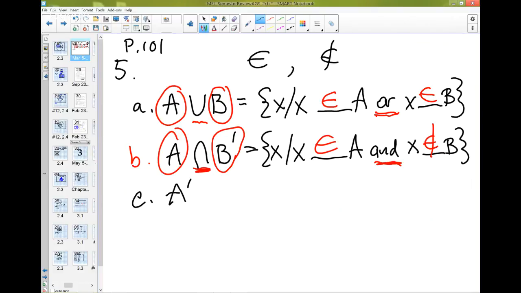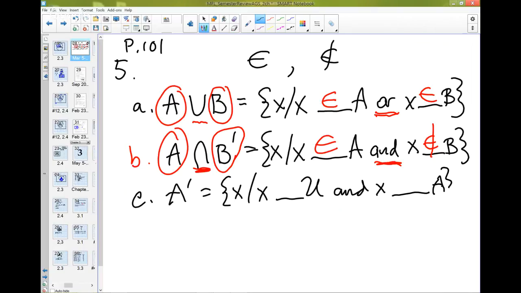A complement is equal to all X such that X is an element of the universal set and X is not an element of A. Okay, now we've got to do some work here.